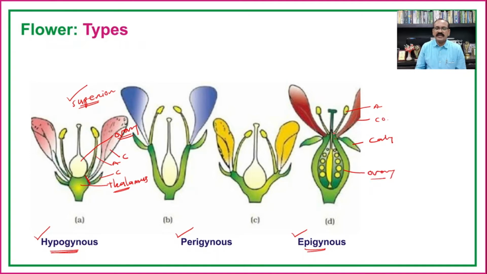It means the ovary is present below and it is inserted in the cup shaped thalamus.